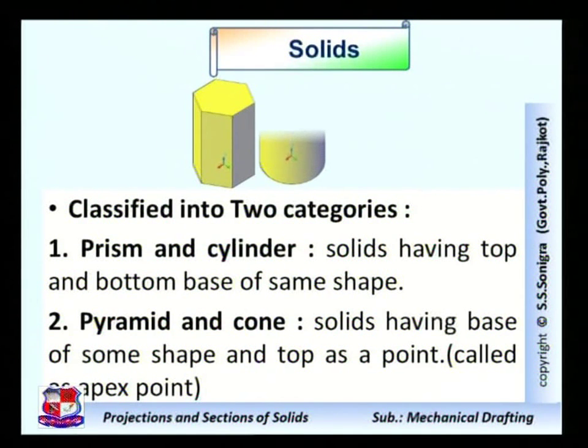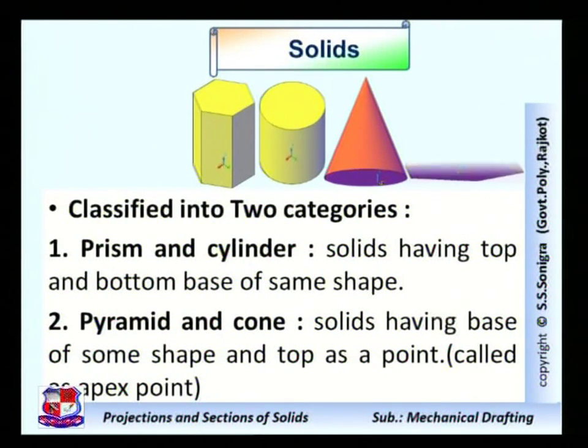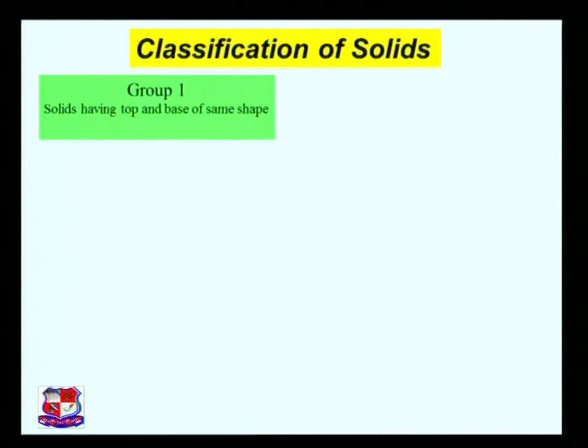These are the solids. Say prism, hexagonal prism and a cylinder come into category 1, and this is category 2, cone and a pyramid. It's a pentagonal pyramid, it is having a pentagonal base. Classifications of solids. We can classify the solids into two groups as we have discussed.